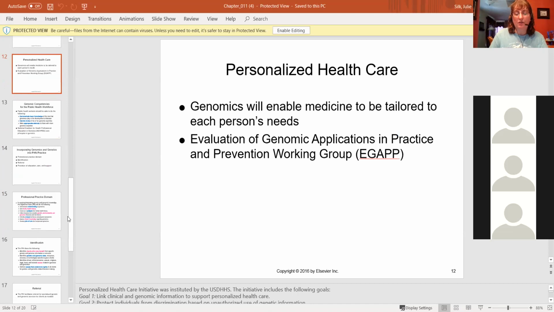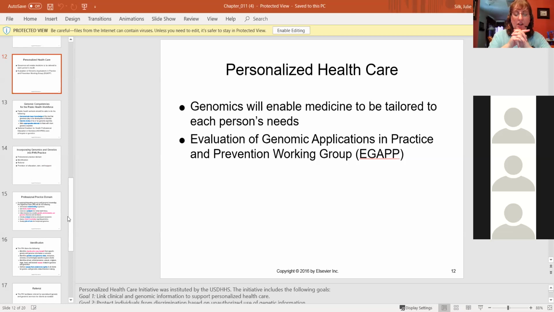All right, so this is the stuff that I think is kind of interesting when we talk about genetics and genomics. This personalized healthcare. Genomics will enable medicine to be tailored to each person's individual needs. There is something called the Personalized Healthcare Initiative. This was instituted by the USDHHS, and this initiative includes these goals.